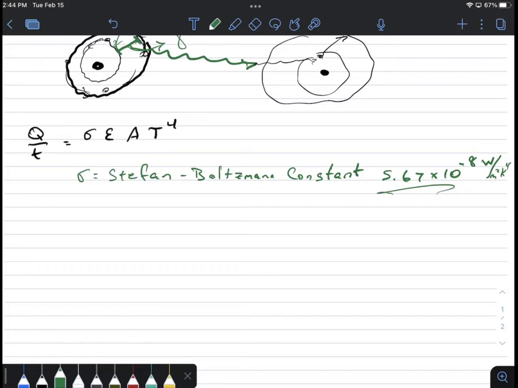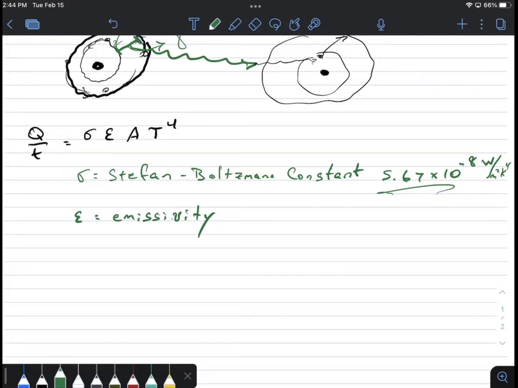Epsilon. Epsilon is called the emissivity. And this basically is about the material. How easily does this material transfer the energy?